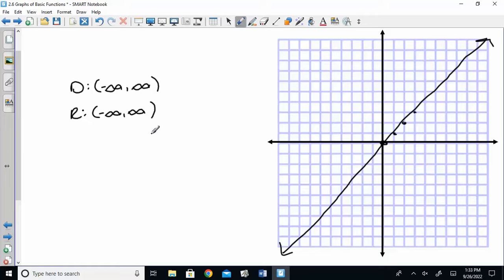If I asked you whether this is increasing, decreasing, or constant: increasing from negative infinity to infinity. Is it continuous? Yes, negative infinity to infinity. So I should be able to ask you any of those questions, and you should be able to look at the graph and answer them. Okay with everybody?